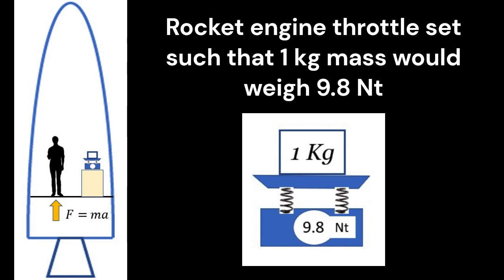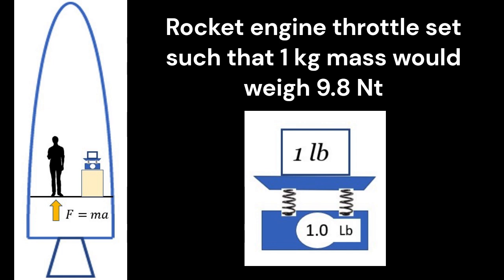If the weight is less than 9.8 newtons on the scale, then you'd want to accelerate the ship more. If the weight was more than 9.8 newtons, then you'd want to back off on the throttle, and you could have an automatic system that would maintain that constant acceleration of 9.8 meters per second squared, and it would feel very much like standing on Earth.